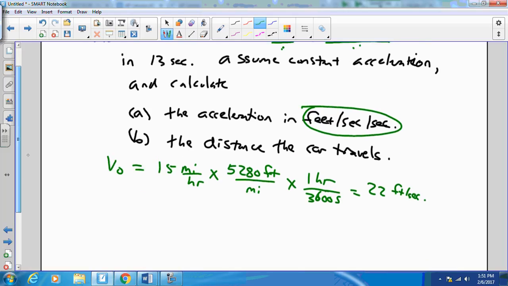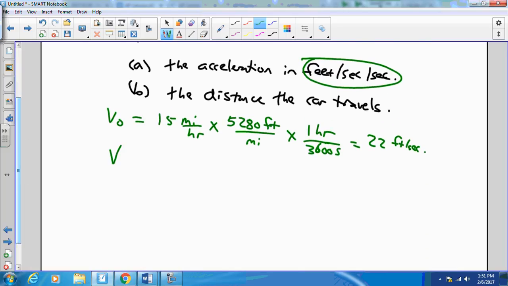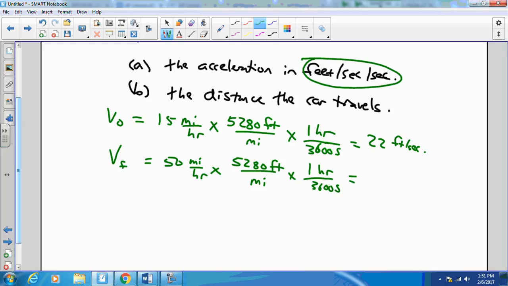And then 50 miles per hour. Doing the same conversion here. Gives me 73.3333 feet per second.